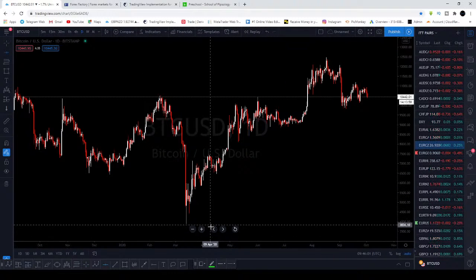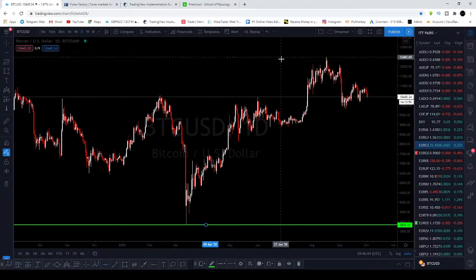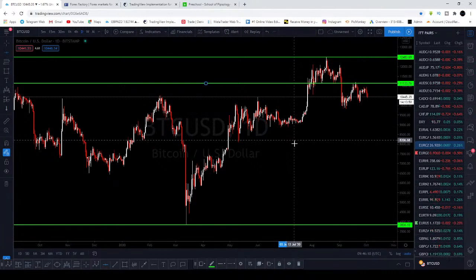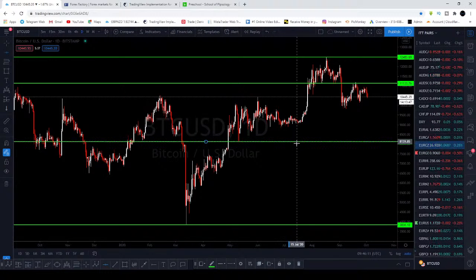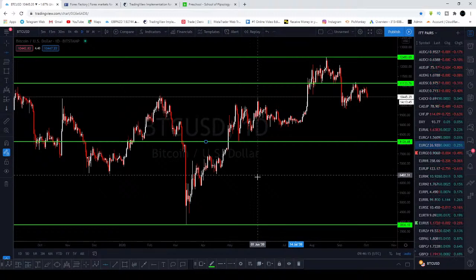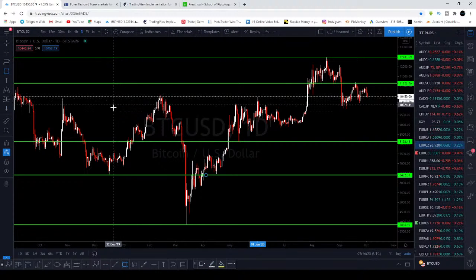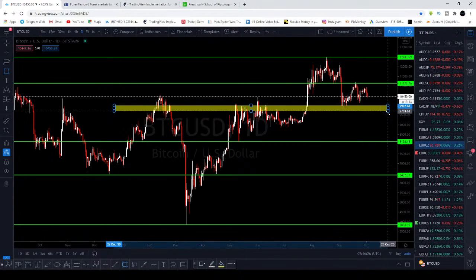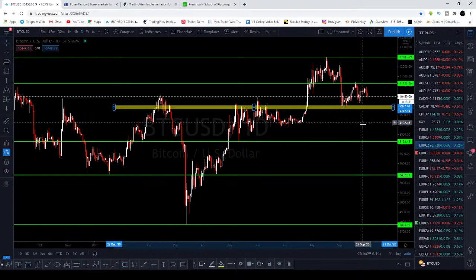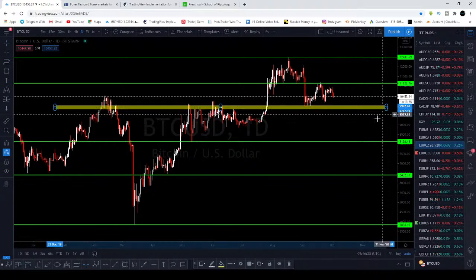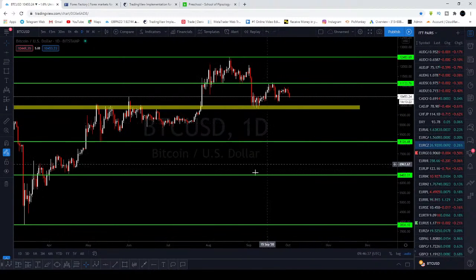Remember, this is the daily time frame. To be honest with you, I think Bitcoin is going to drop. Are you not seeing the downtrending move?